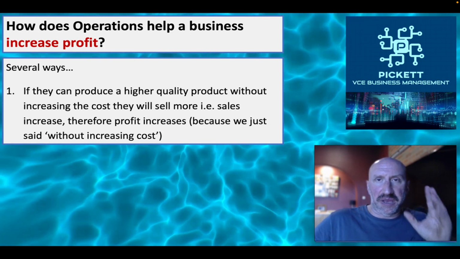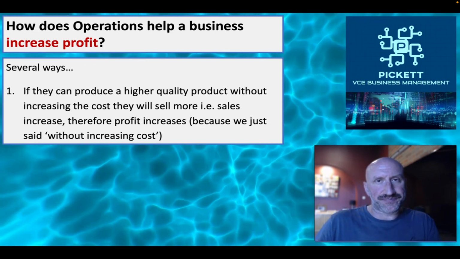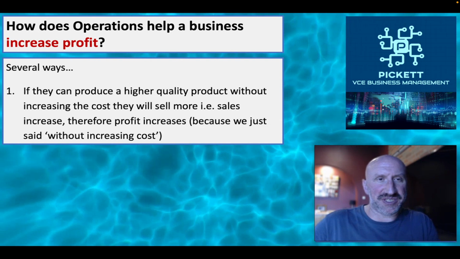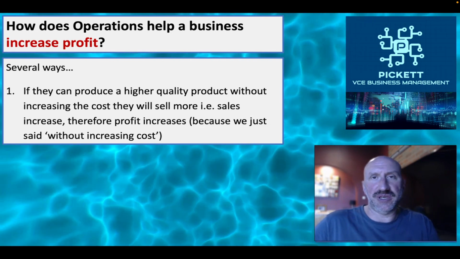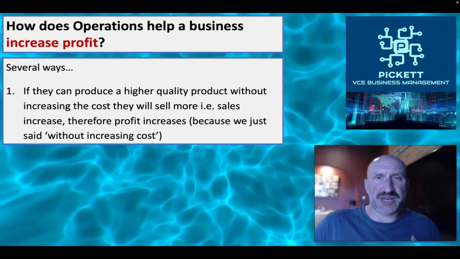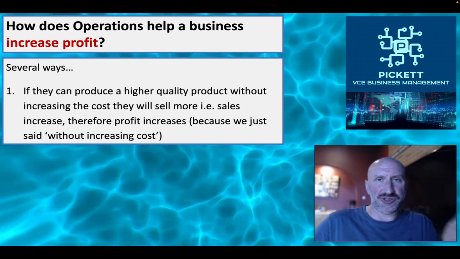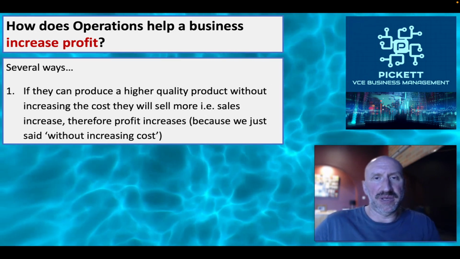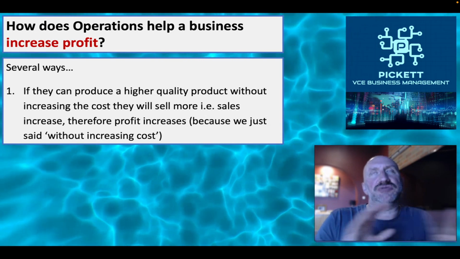If you understand the content, if you're ever asked this question, how does operations help a business increase its profit? You should understand the content enough to actually come up with a logical answer about how that can happen. There's not one way. There's hundreds of ways.